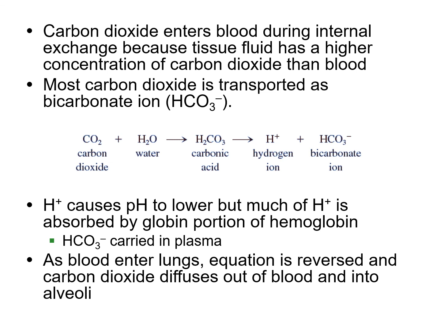The idea is that if you remember anything about chemistry, carbon dioxide combines with water and it forms carbonic acid. But one thing you have to understand is when this carbonic acid is in a liquid, it ionizes. It does not stay as an acid by itself. It ends up becoming this hydrogen ion, and this is the key one here, and this bicarbonate ion, okay? That's how we're able to transport CO2 through the blood.